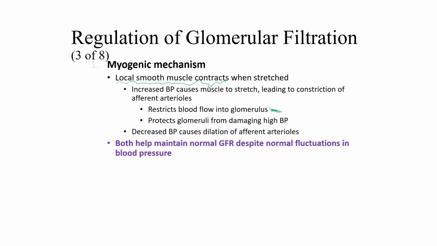That means you would have no more filtering. And sometimes this is what high blood pressure does. When we talk about high blood pressure and kidney damage, those little glomeruli just go pew, pew, pew, pew, pew, and you've got no filtration left. So these are going to help maintain normal GFR.